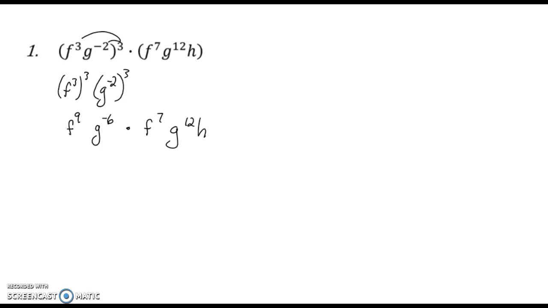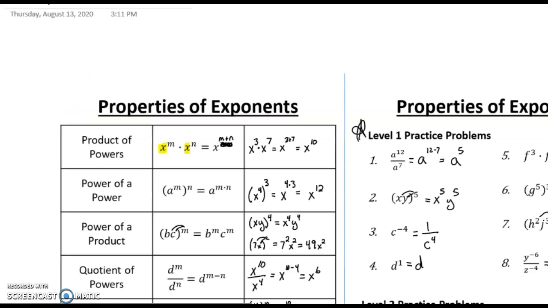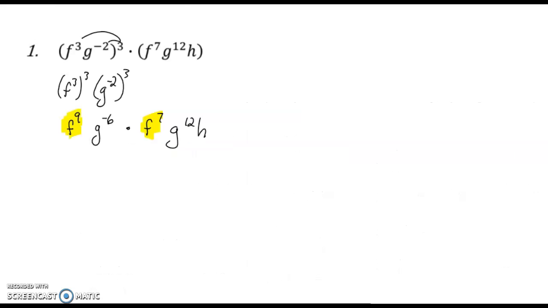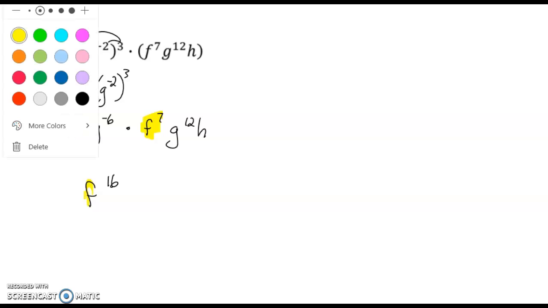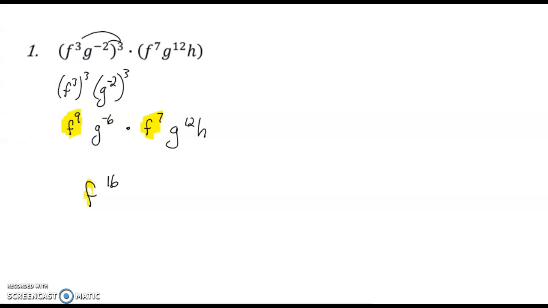So now I'm going to use the product of powers rule right here where you add the exponents. So f to the 9 times f to the 7 becomes f to the 16th. All right, and then I'm going to do the same thing with the g's. So g to the negative 6 times g to the 12th, you add the powers, and you get g to the 6th. And then you also have h, and that's our answer.